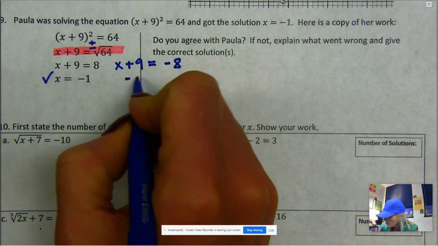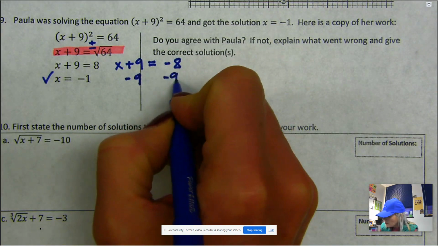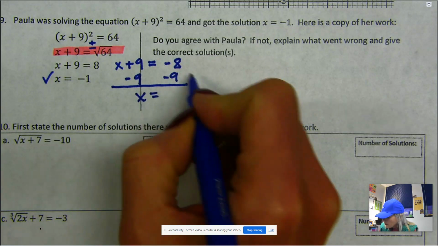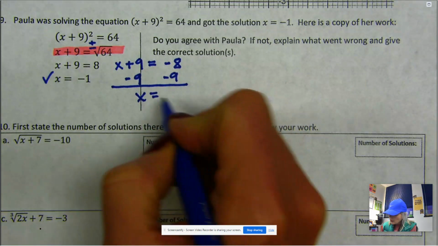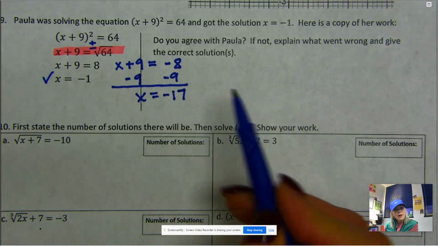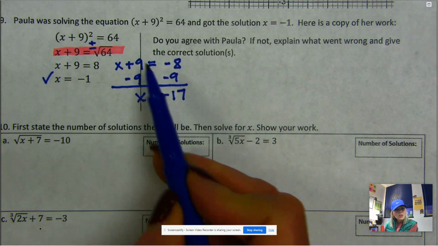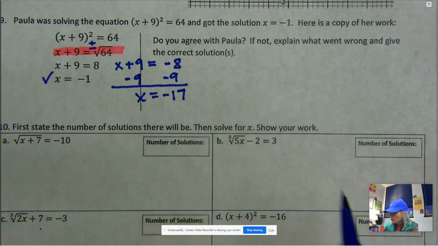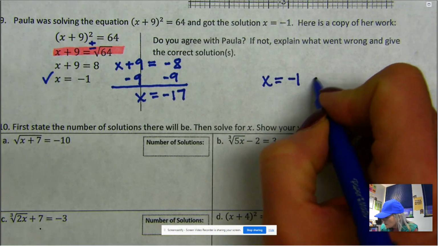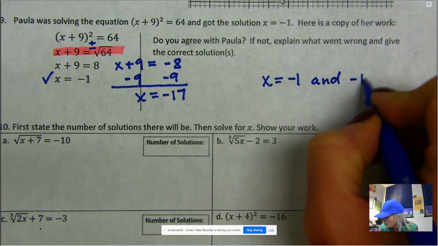So we're going to subtract the 9 here as well. And negative 8 minus 9 is negative 17. All right, so I agree, but she has another solution to find. So she should have x equals negative 1 and negative 17.